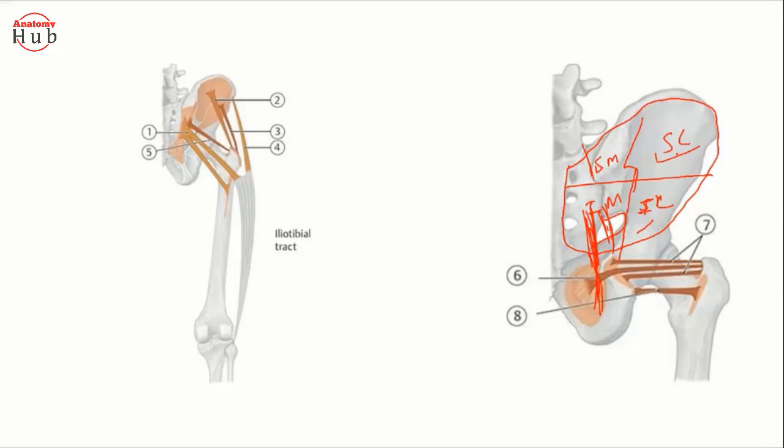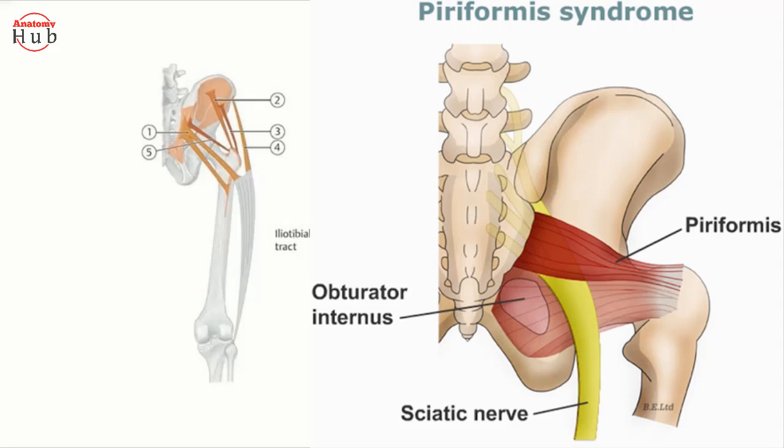Like that, you'll find the piriformis syndrome. All of you know about this, because the sciatic nerve normally passes through the greater sciatic foramen, right? So here you'll find the sciatic nerve coming downward, and here you'll find the piriformis muscle also, right?